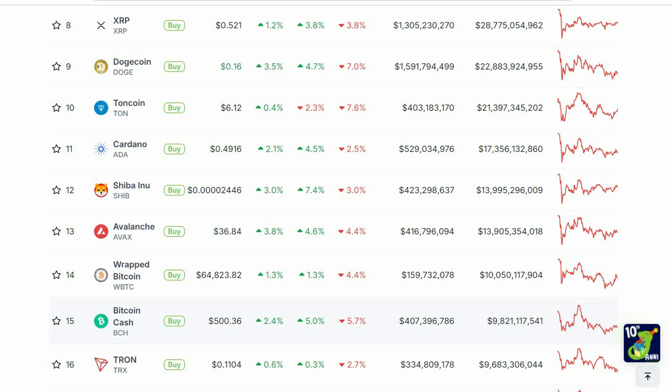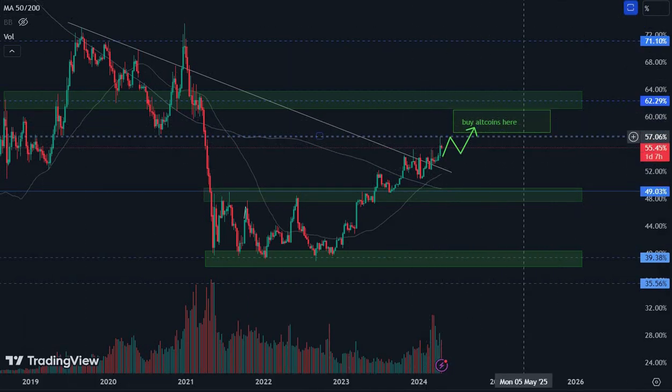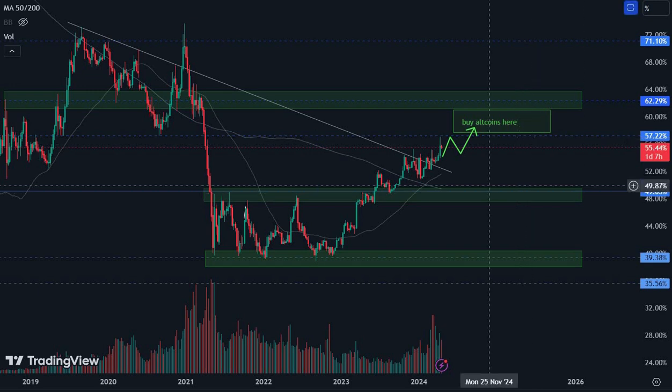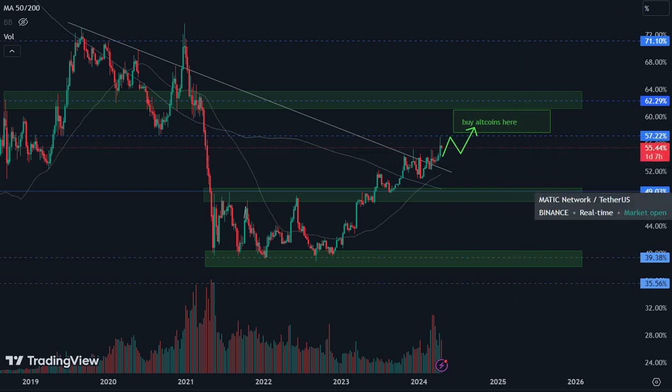So I think you can make a lot with swing trading, with taking profits and buying back, rather than just waiting for Shiba Inu to make 10x, 20x. You have to be active. You have to have your eyes open, and you have to watch the Bitcoin dominance chart and see what's going on there. And you can make as much money as 10x, 20x, 100x by just gradually taking profits and swing trading. And this is what I'm teaching on this channel.